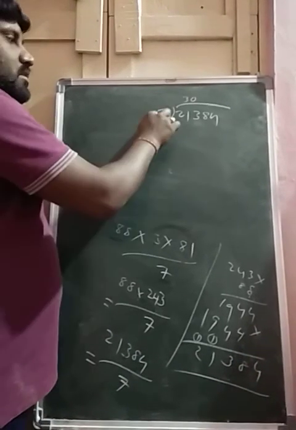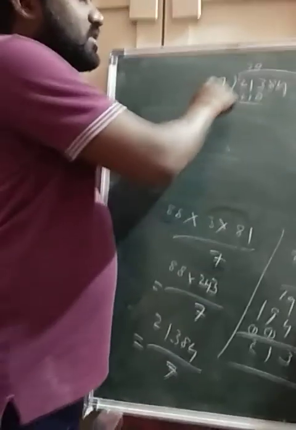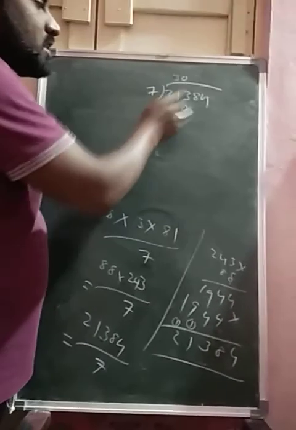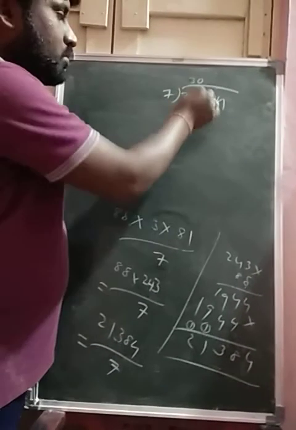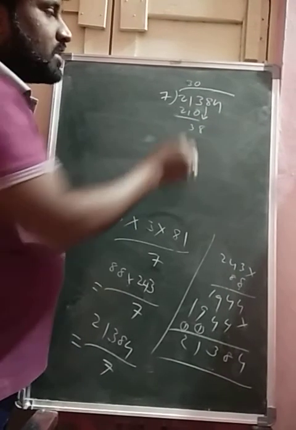7 30s are 210, because 7 3s are 21, if we put 0 beside it, 7 30s are 210. So if we subtract, 3 comes. Next number is 8. 7 5s are 35.